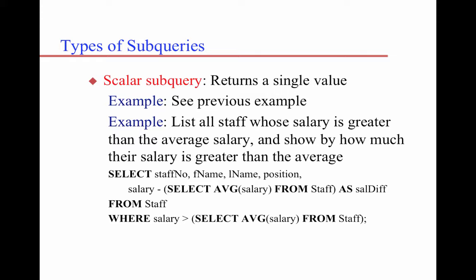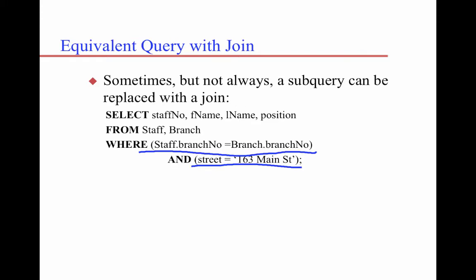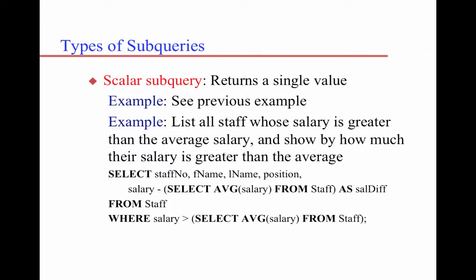The only type we got to last time was the scalar subquery, which is what this is. A scalar subquery is one where the subquery resolves to a single value, like B003. Sometimes that subquery is going to resolve to a single value using an aggregate operation.